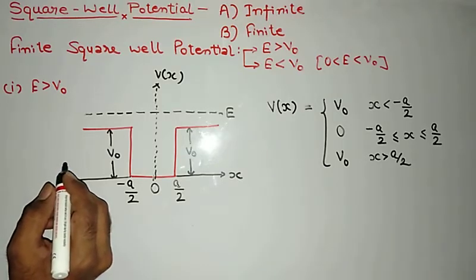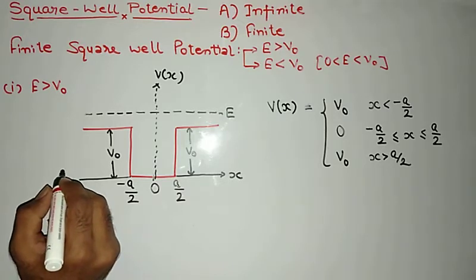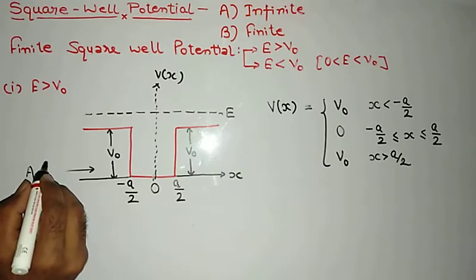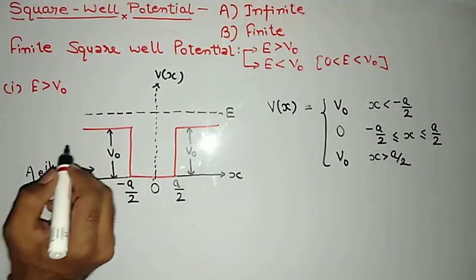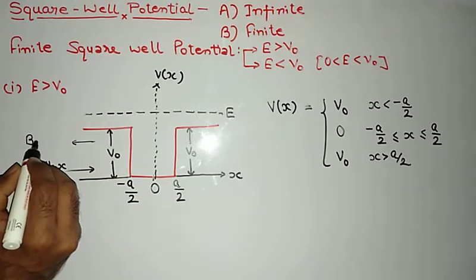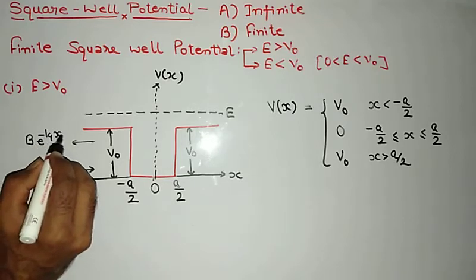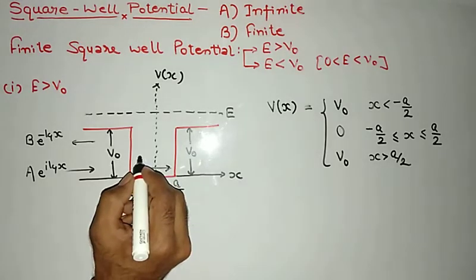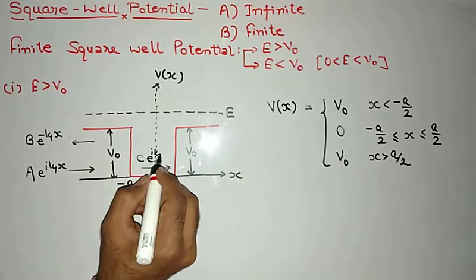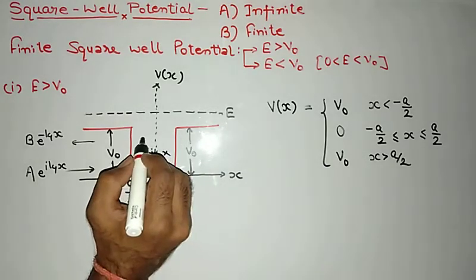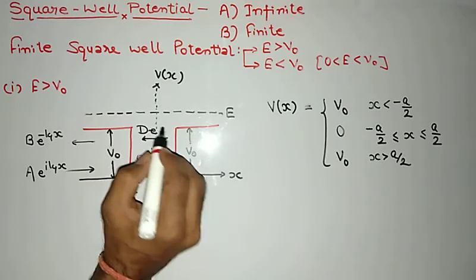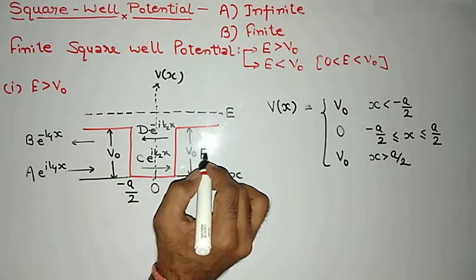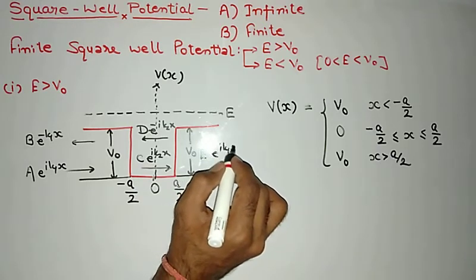So writing for incidence, this is a e to the power i k1 x, for reflected b e to the power minus i k1 x, for transmitted c e to the power i k2 x, for again reflected d e to the power minus i k2 x, for again transmission e to the power i k1 x.